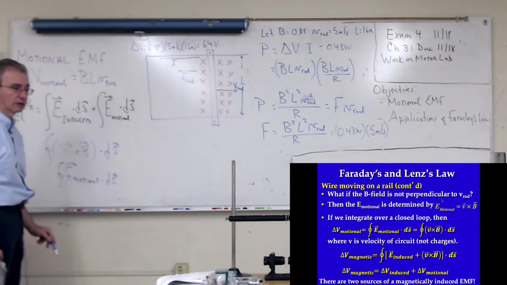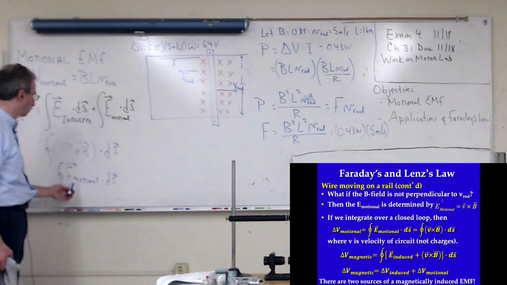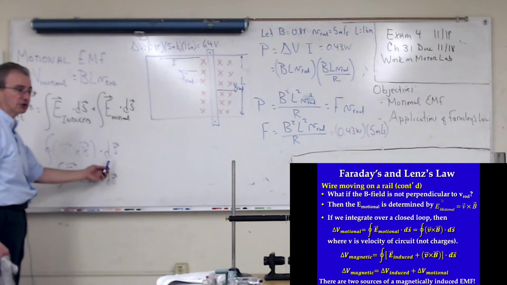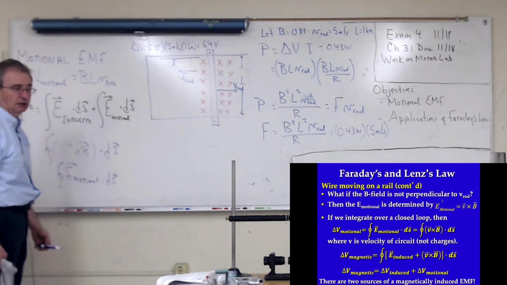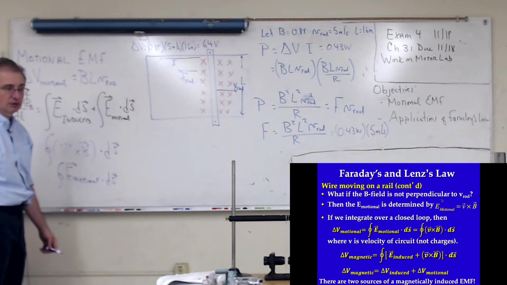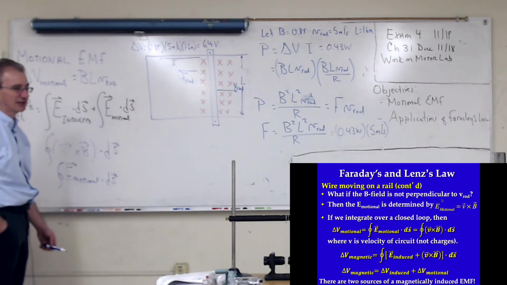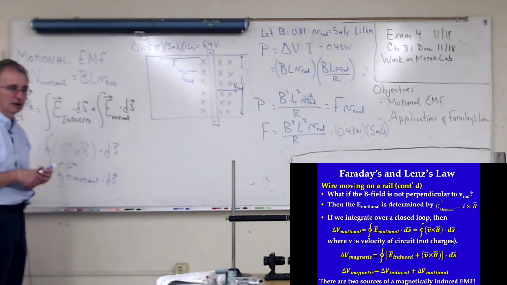Okay. And so in general, you can write the motional EMF this way. If v is not perpendicular to B, I have to figure out what the cross product is in detail. Otherwise, the cross product is easy if v and B are perpendicular to each other. Okay.